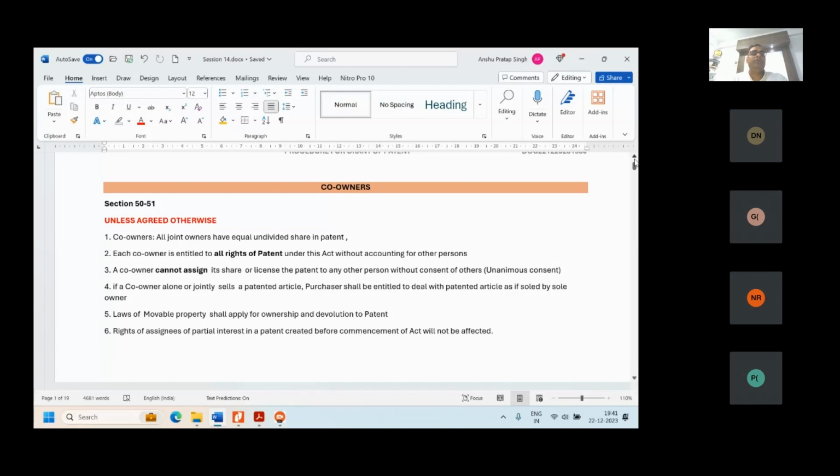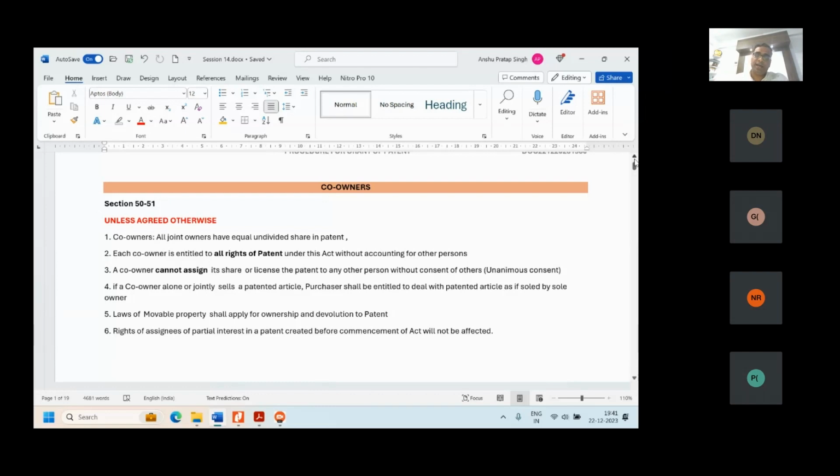But the day it has been given to you, though you have equal share, where do you have that equal share? North, east, west, south, there is no limitation given to you. No boundary has been crafted. So each and every particle of that land is owned jointly by each shareholder in that land. This is called undivided share.